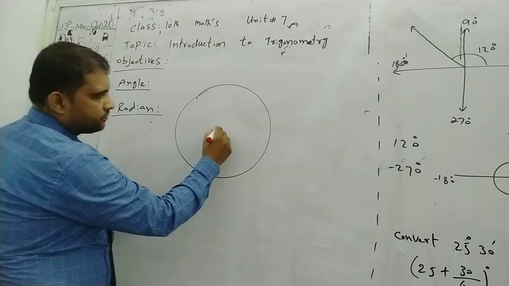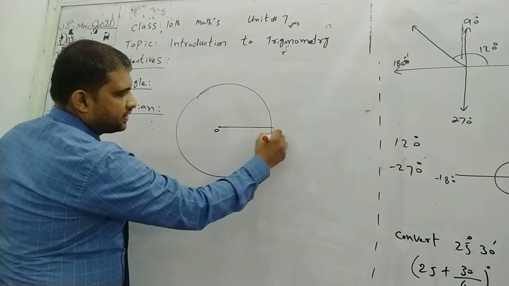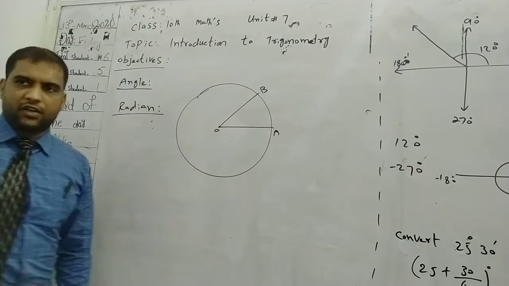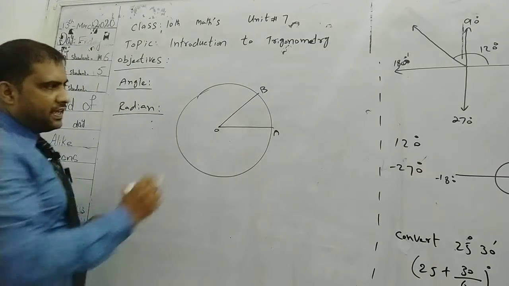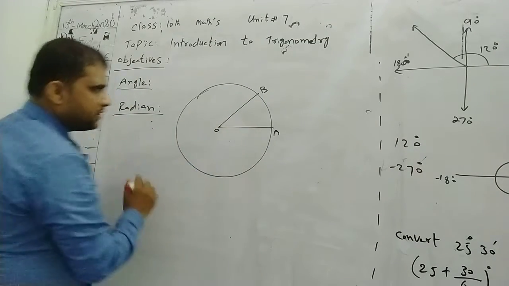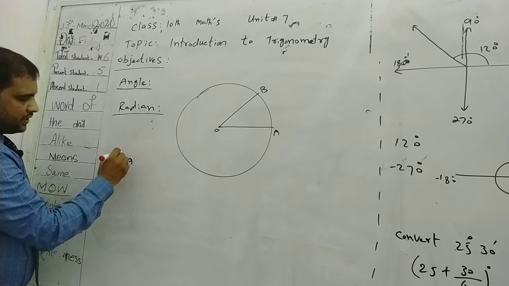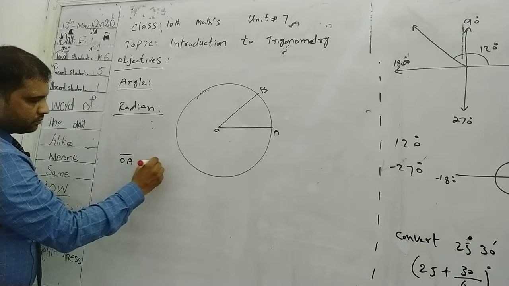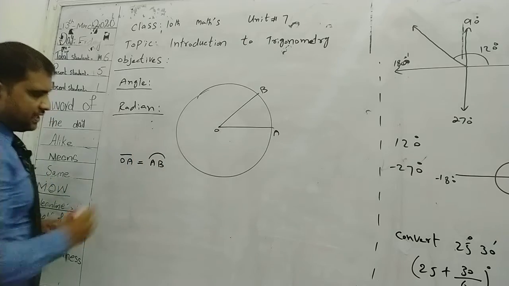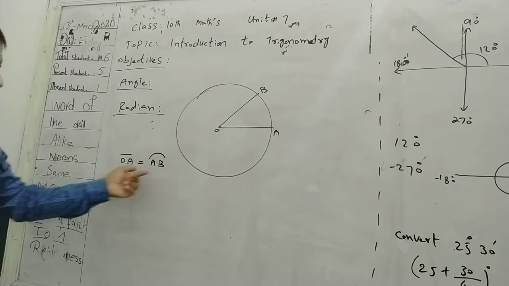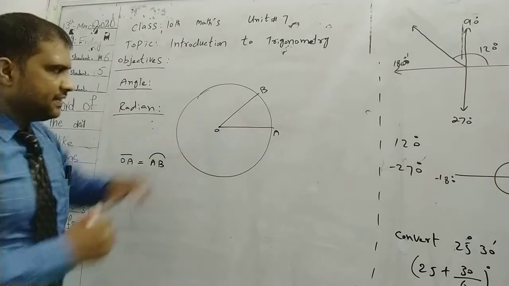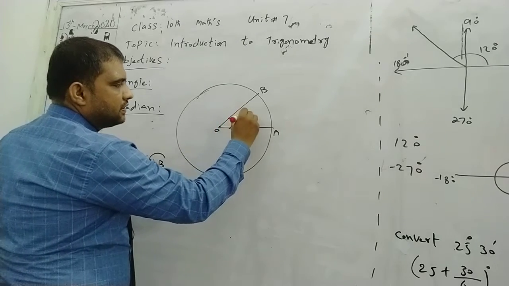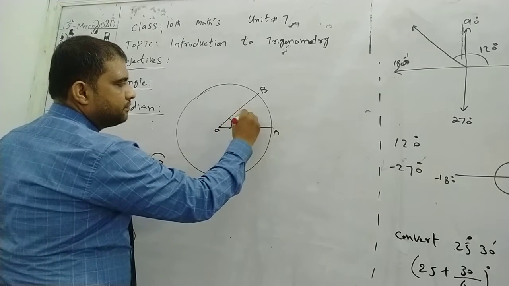In a radian, here is a radius and AB is the arc length. If the arc length is equal to the radius, OA radius equal to arc length, then this angle is called 1 radian. Then theta is 1 radian.